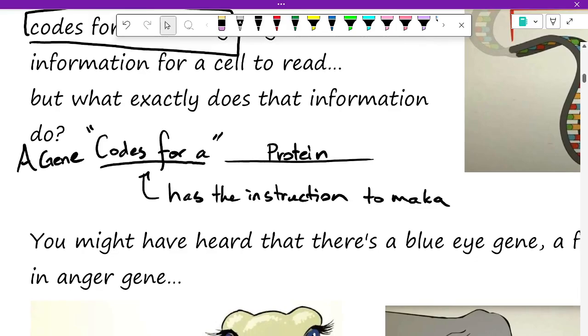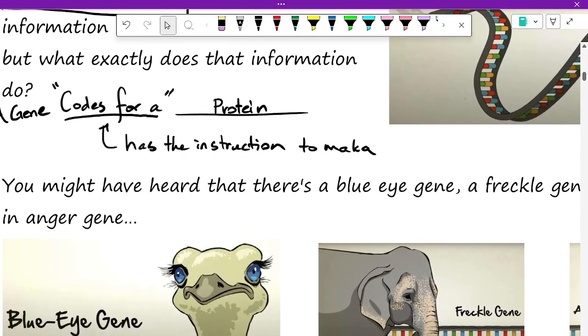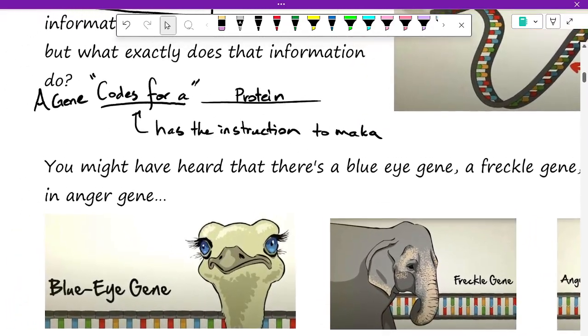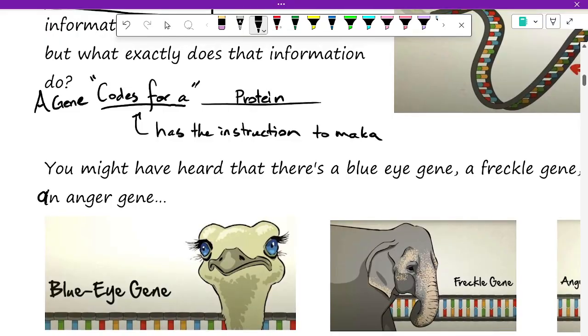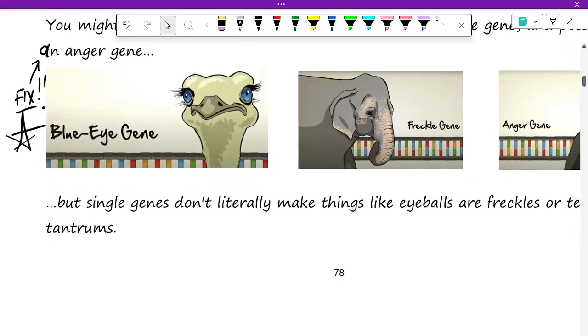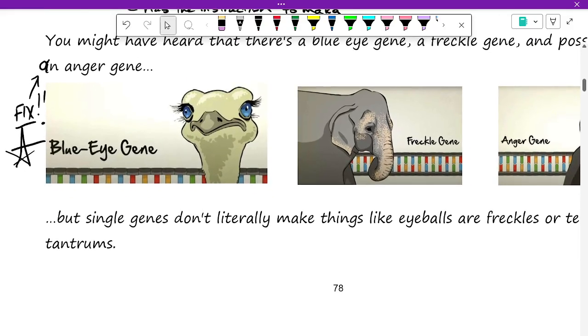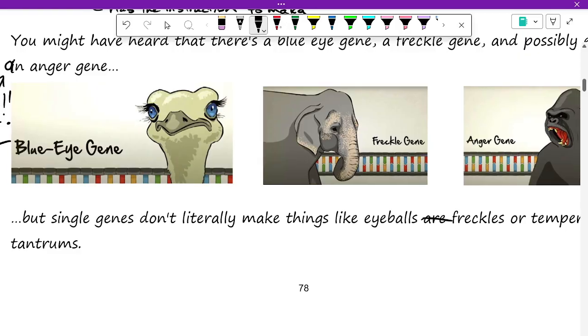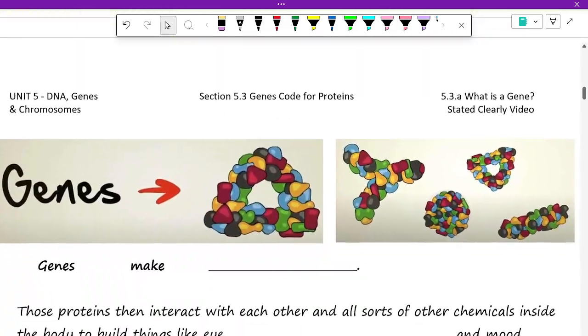You might have heard that there's a blue-eye gene, a freckle gene, an anger gene. But single genes don't literally make things like eyeballs or freckles or temper tantrums.